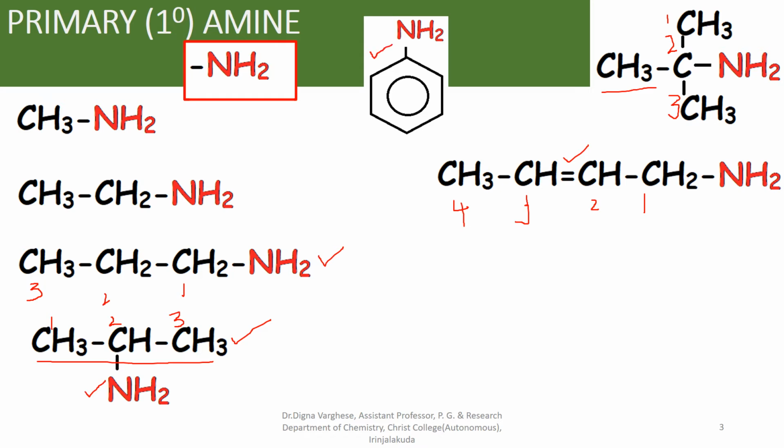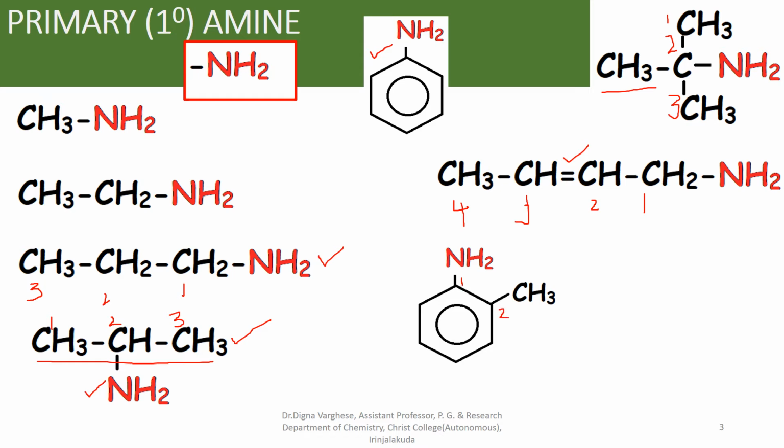Its common name is aniline, but it is also known by the IUPAC name benzenamine. And the next one, you can see the first carbon atom is attached to the NH2 and the second carbon atom is attached to the methyl group.